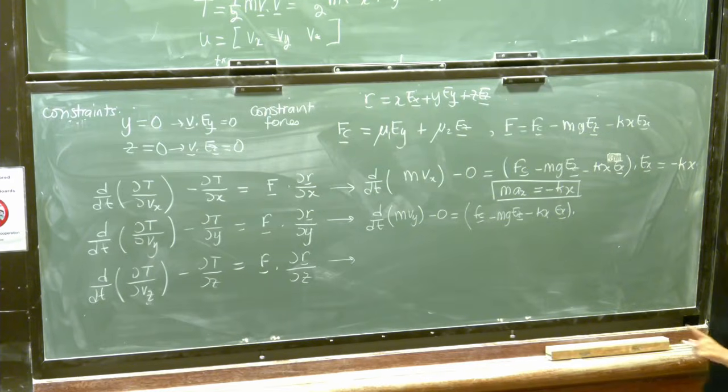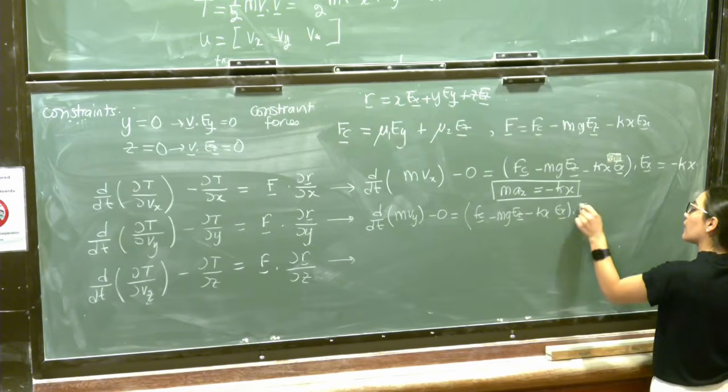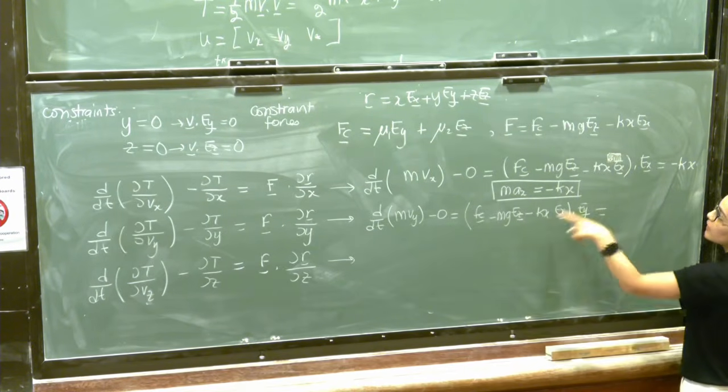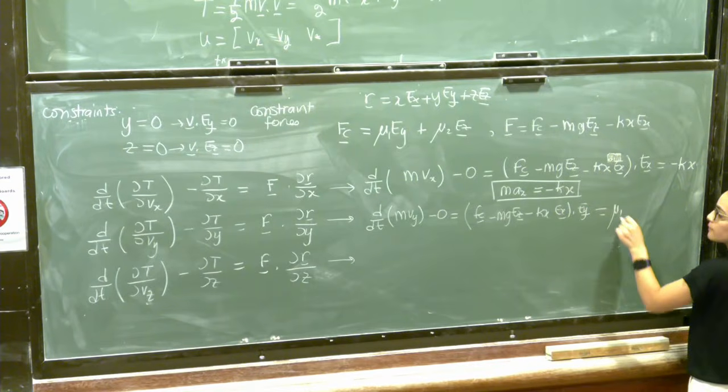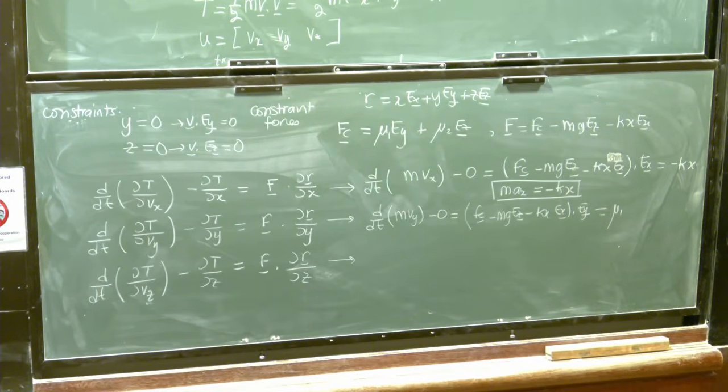What is del r by del y? Ey, right? And the dot product between the two is just mu1. So from here, I get that m ay is equal to mu1.